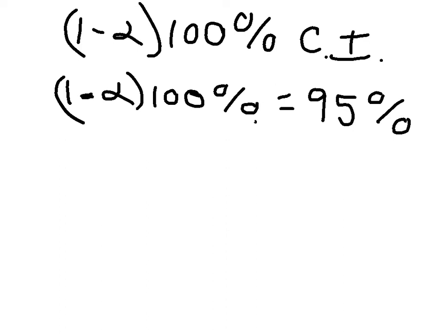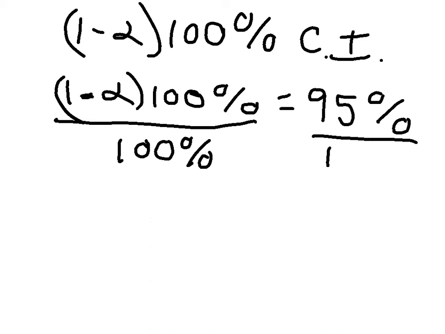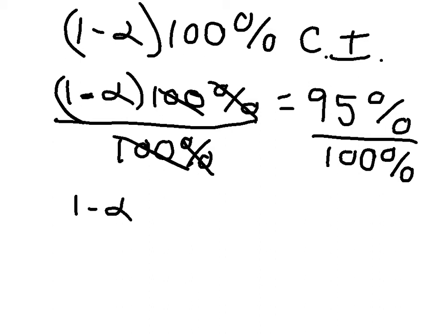We divide both sides through by 100%. On the left-hand side, the percents cancel, the hundreds cancel, and I'm left with 1 minus alpha. On the right-hand side, the percents cancel, and I'm left with 0.95.